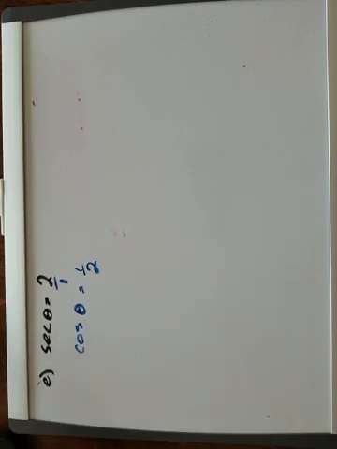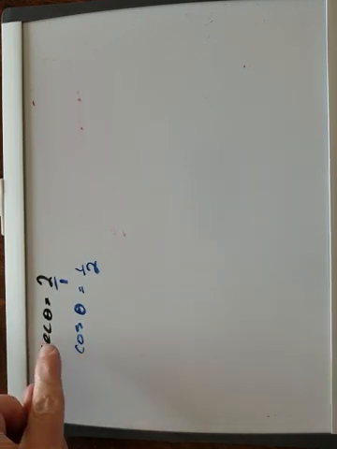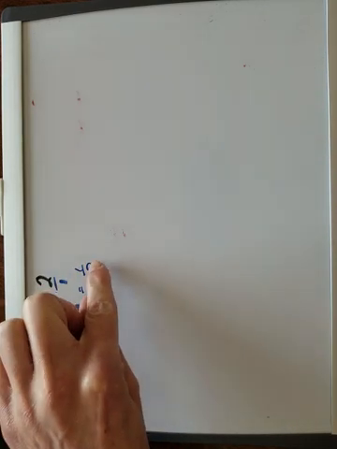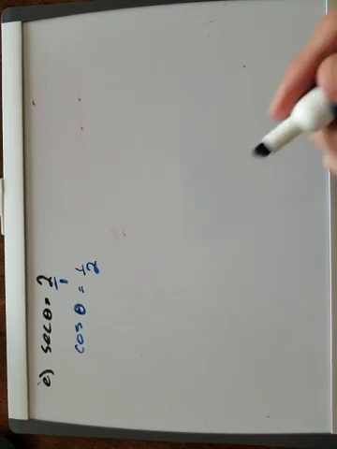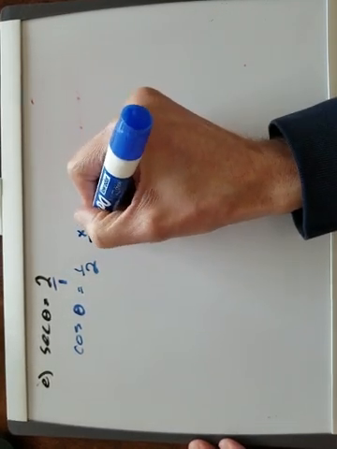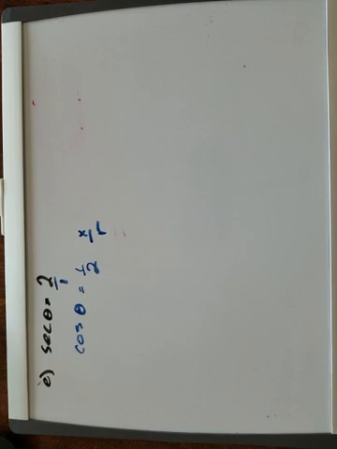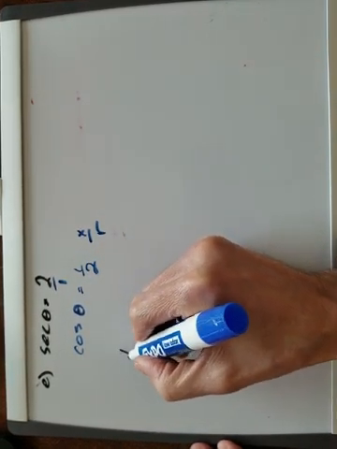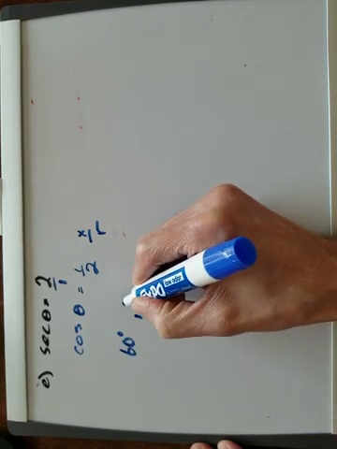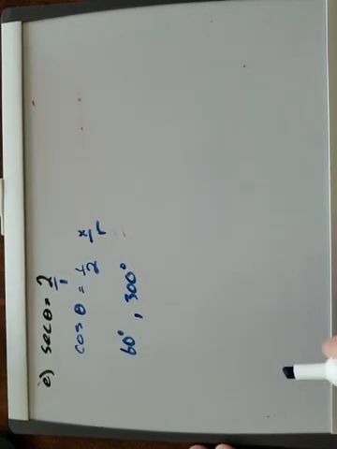I'm not changing the values that we're looking for. I just said the reciprocal on this side, the reciprocal on this side. What you do to one side, do to the other. The math police cannot come and arrest us. Now I'm feeling good. Cosine is x over r, r is always 1, and then you find your unit circle. Where is the x value? A positive a half. It is at 60 degrees and at 300 degrees.